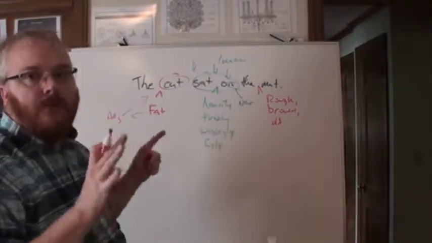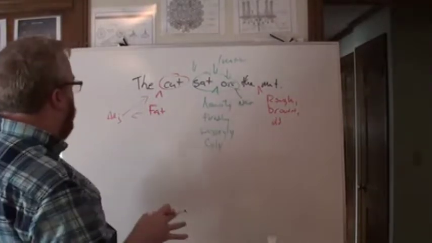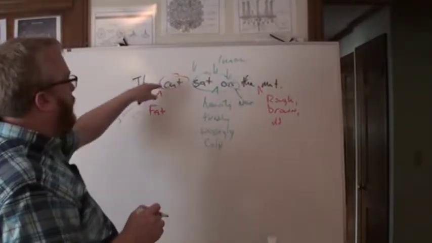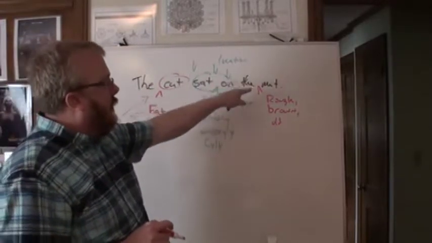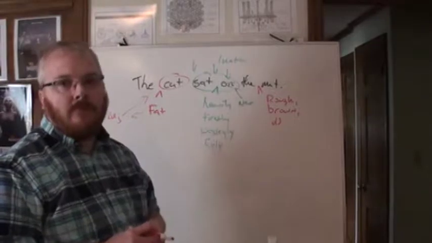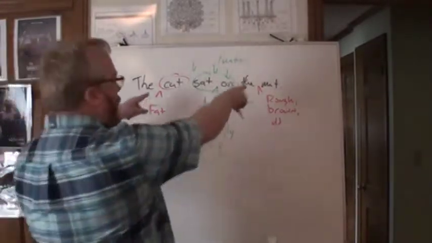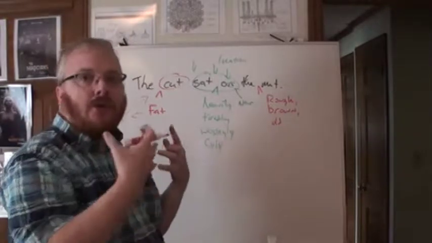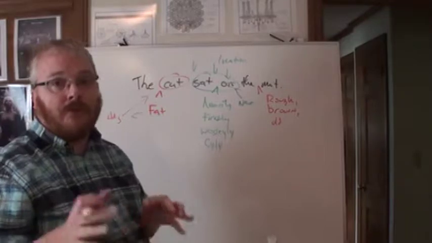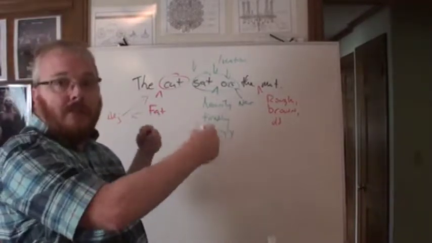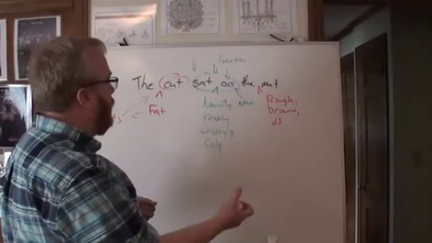So what we've done is we've taken the simple sentence and we've made it something entirely more, so that now we have the fat cat sat tiredly near the rough brown old mat. Okay? And what that does is in each case we have then modified the various parts of the sentence to create a more specific and identifiable sentence. But we started with the subject verb object, and then we've added additional words in order to further clarify this.